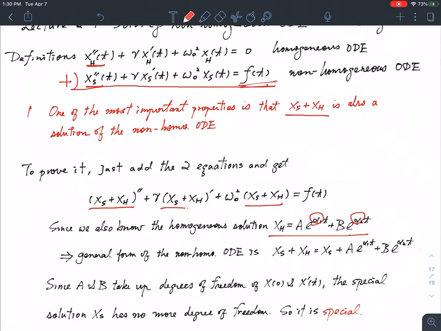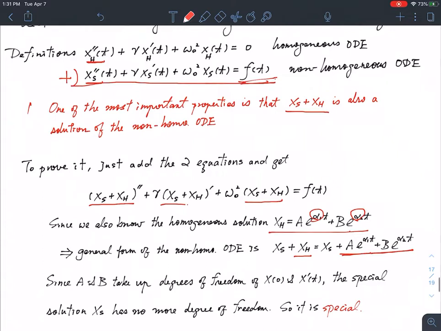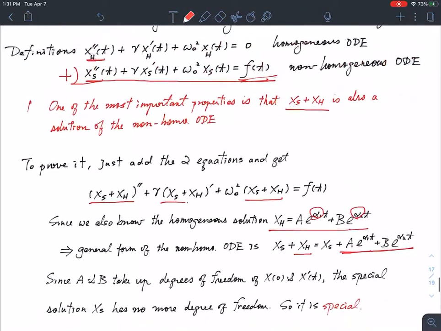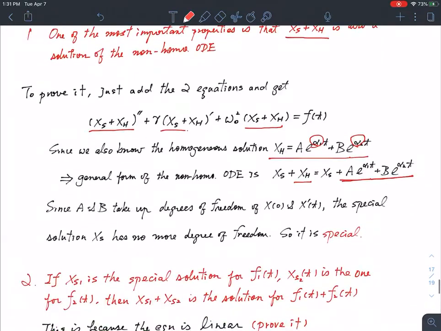The general form of the non-homogeneous equation can naturally include the solution from the homogeneous equation. We also know that for a second order differential equation, you only need two degrees of freedom. So now you already have the 2 degrees of freedom.